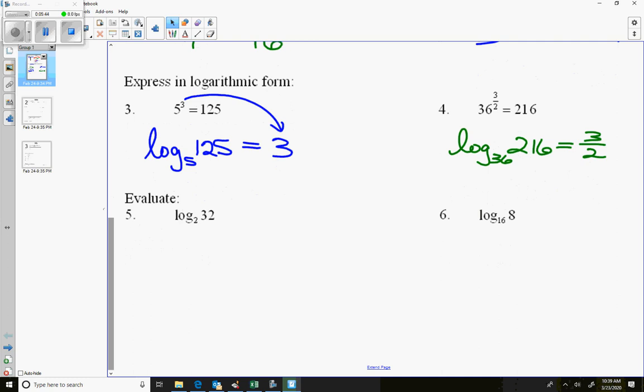Now, we move on to number 5. Now we're going to go into evaluating. For what we are doing today, let's evaluate log base 2 of 32. We're going to set it equal to x, and then we are going to manipulate it and change it from logarithmic form to exponential form.